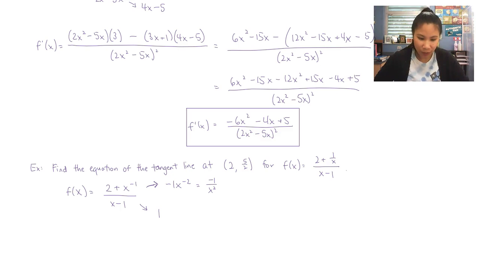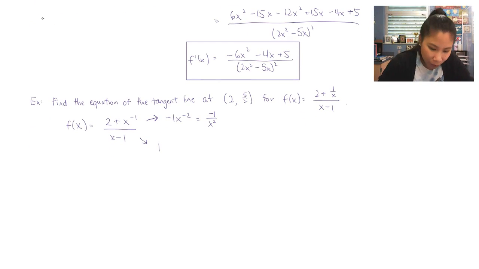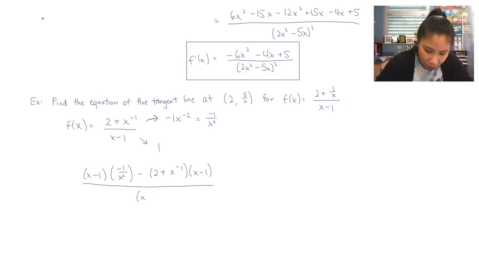Okay, so let's find our derivative using the quotient rule. So we have low d high minus high d low, all over low low. Okay, multiplying stuff out.